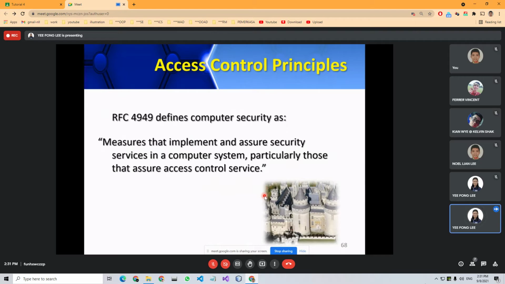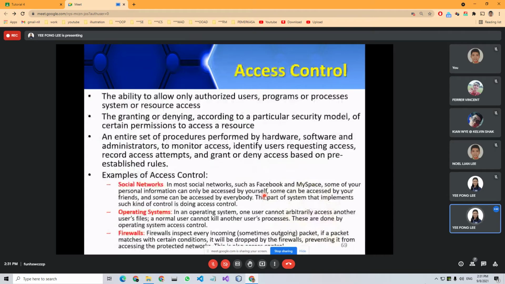So the following slides, we will learn in more specific the concept of access control. Access control implements a security policy that specifies who can access and also what can be accessed, what file or object can be accessed.